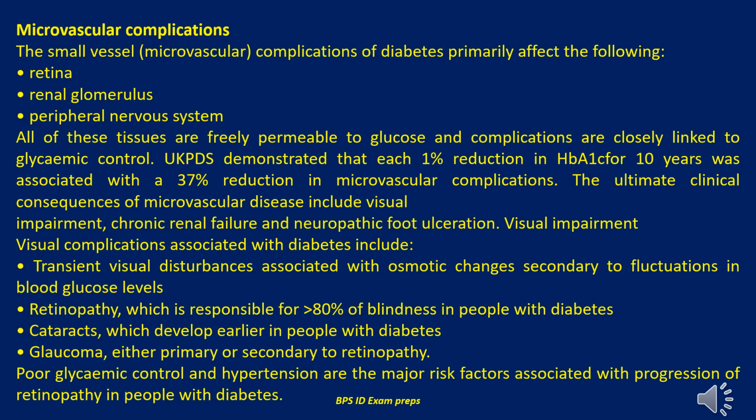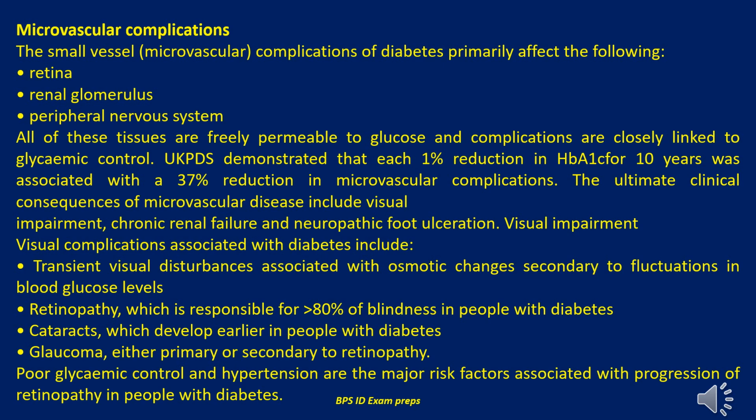The small vessel, that is microvascular, complications of diabetes primarily affect the following: 1. Retina, 2. Renal glomerulus, and 3. Peripheral nervous system. All of these tissues are freely permeable to glucose, and complications are closely linked to glycemic control.